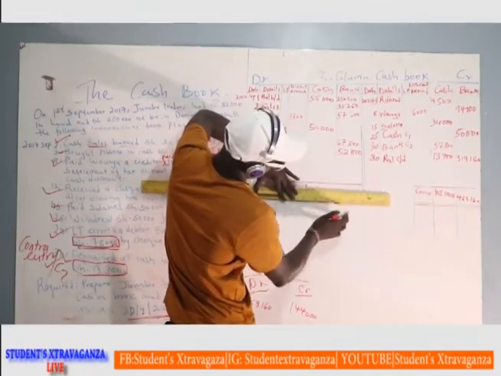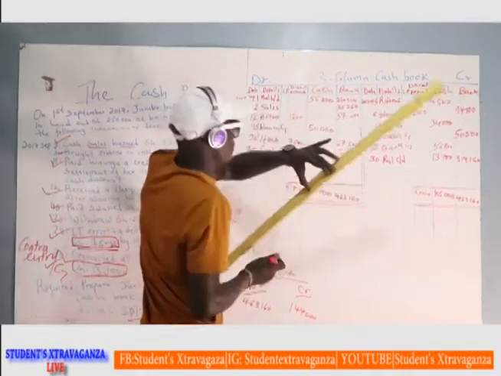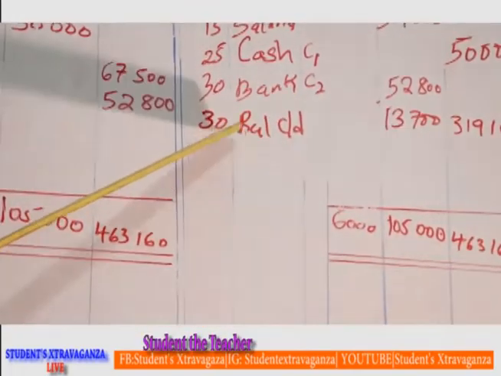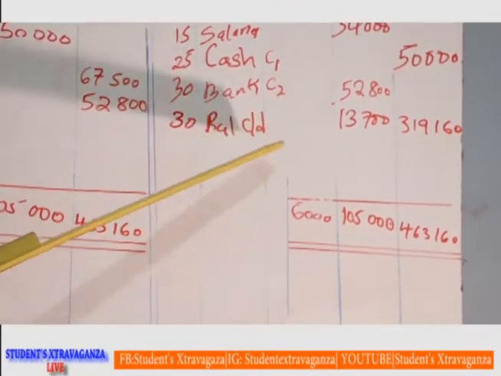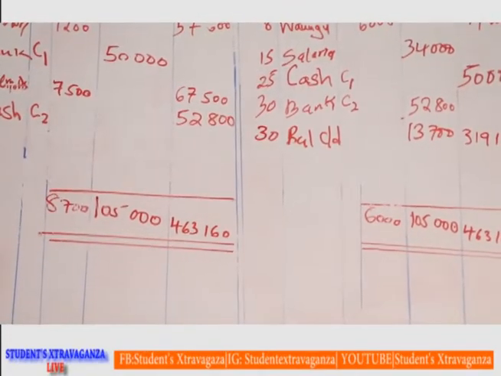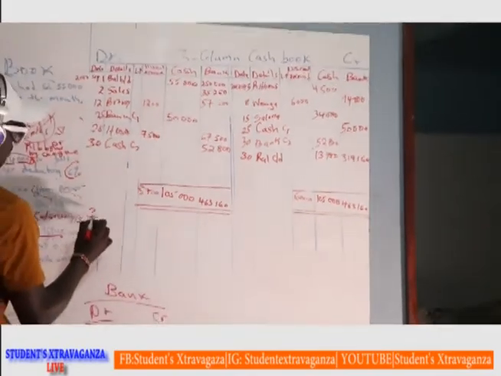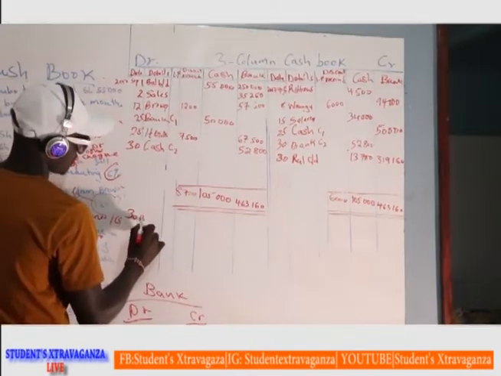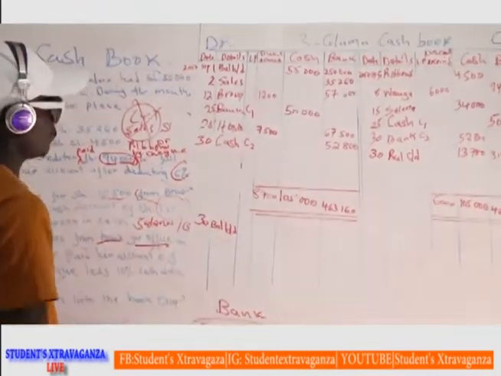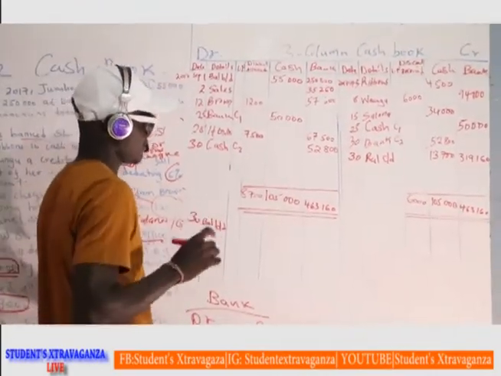Yes. So this, on 30th, balance carried down, we must bring it down on the DR side. So on 30th, we have on the details column balance brought down. Our balances brought down are as follows.